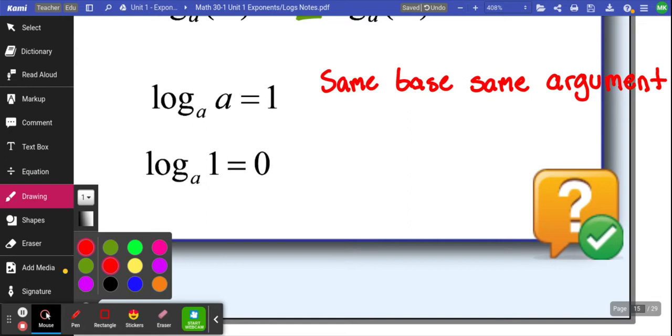And if I'm wrong, don't tell any other teachers I said that. Did she call it the argument? I got it right. Yes. It's a lot of pressure on me there. So same base, same argument. The log equals 1. Okay, the whole thing will equal 1.